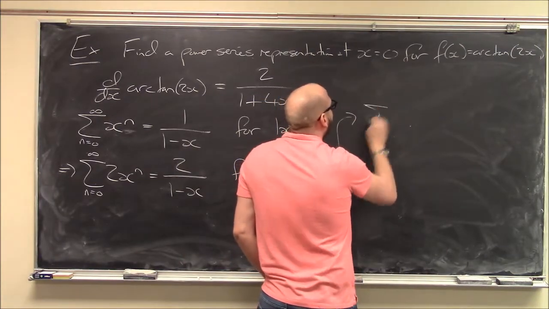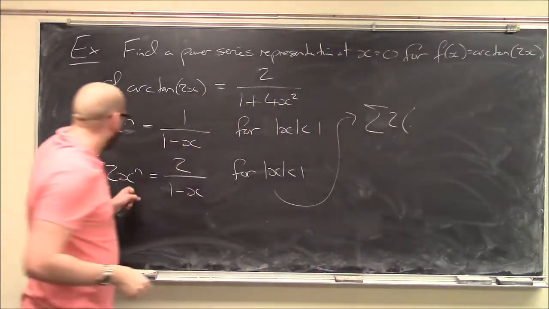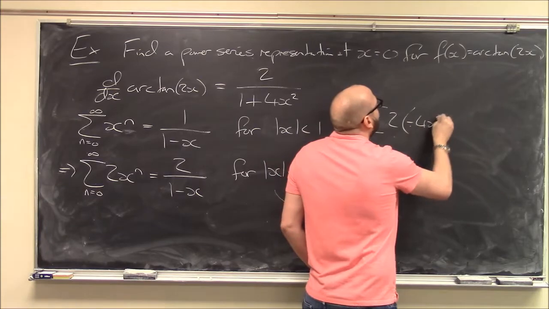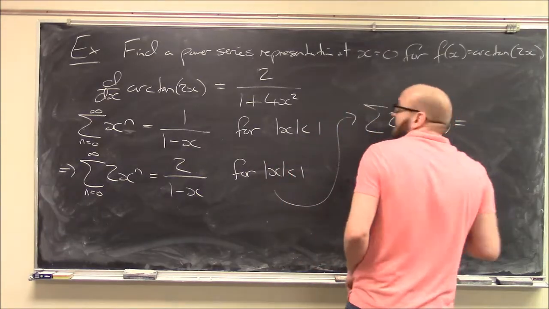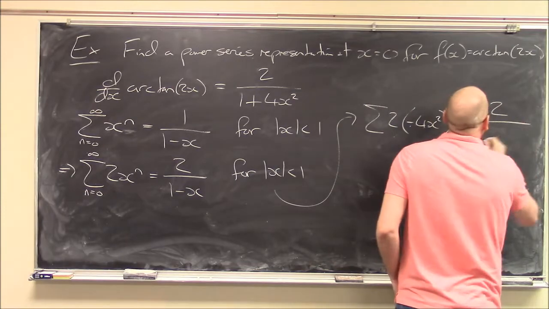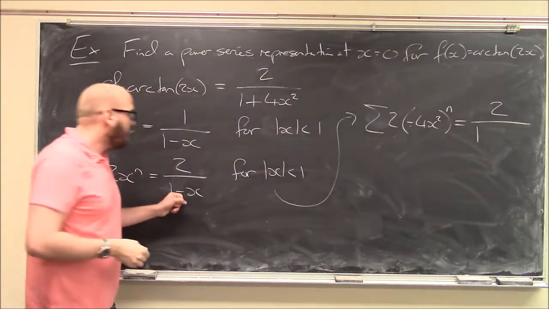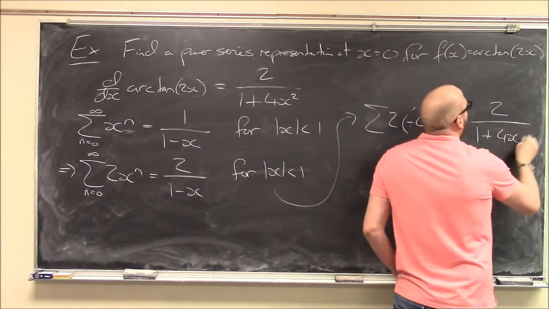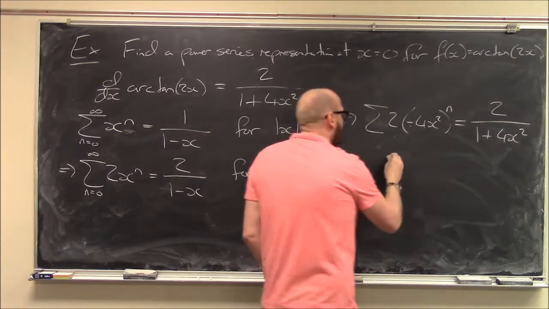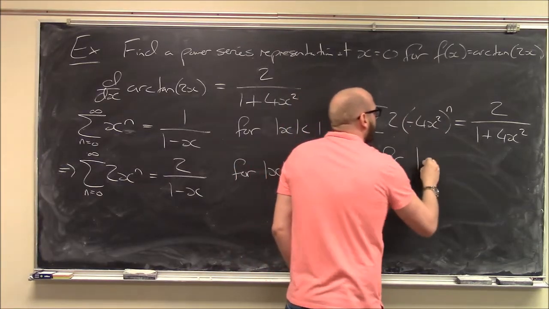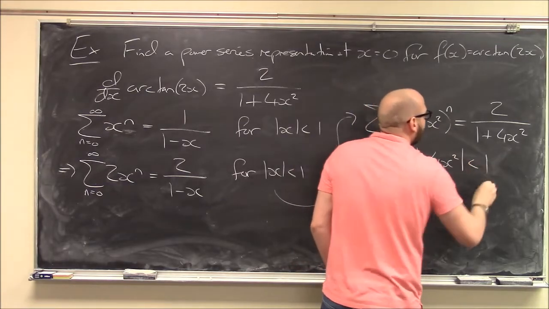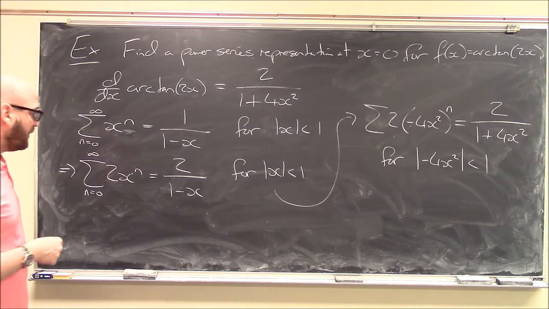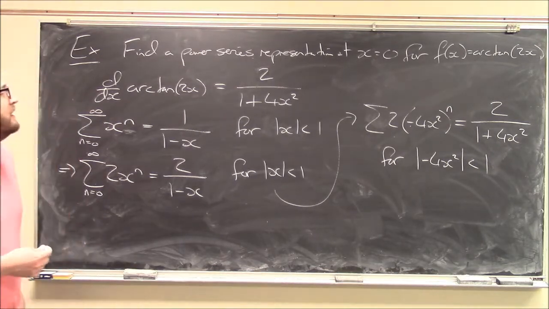Okay, so everywhere I see an x, I'm going to plug in minus 4x squared instead. So we're going to have the sum of 2 times minus 4x squared to the n. That's going to equal 2 over 1 minus minus 4x squared, which is plus 4x squared. And where does this converge? Now this converges for absolute value of minus 4x squared less than 1. Alright, so you're allowed to make these substitutions as long as you're substituting in a continuous function of x.